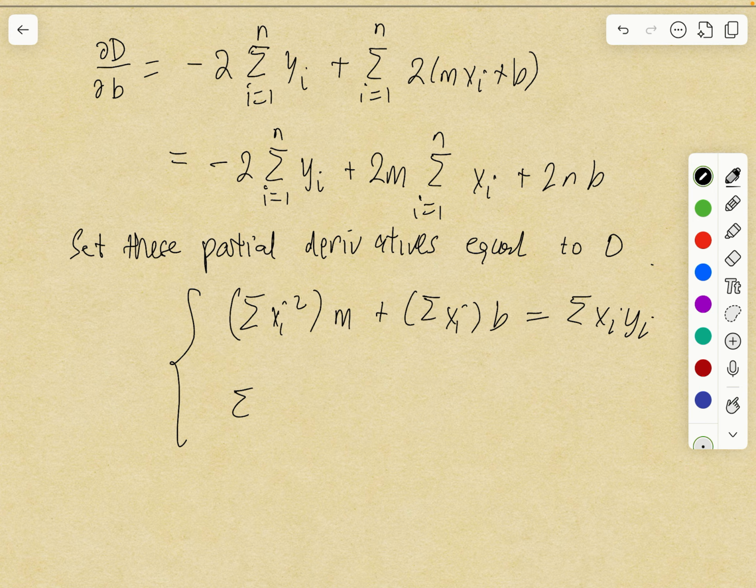And then the second one turns into the sum of the xi times m plus n times b equals the sum of the yi's.